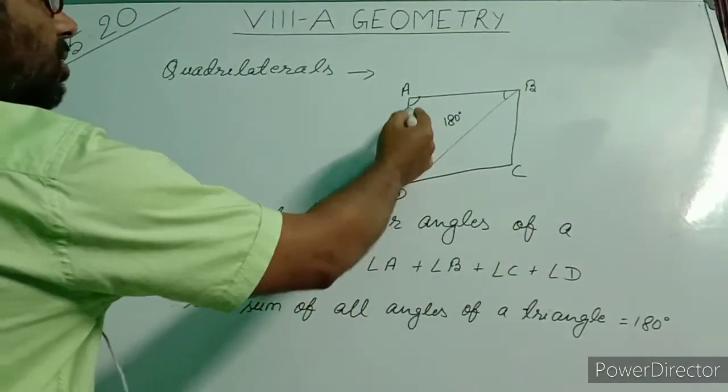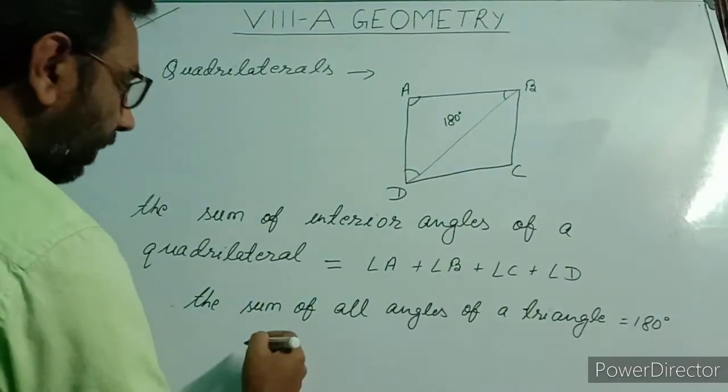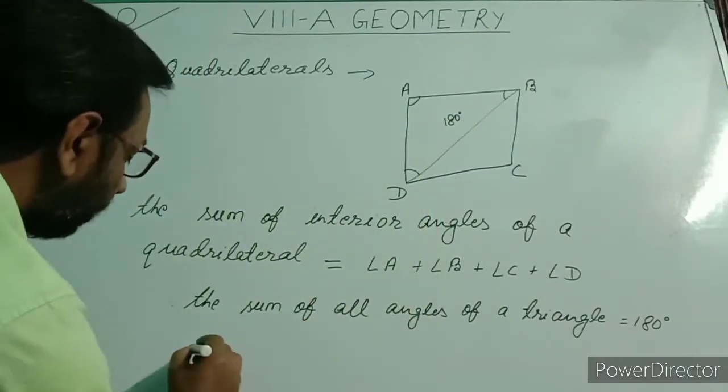There are two triangles, triangle ABD and triangle BCD.